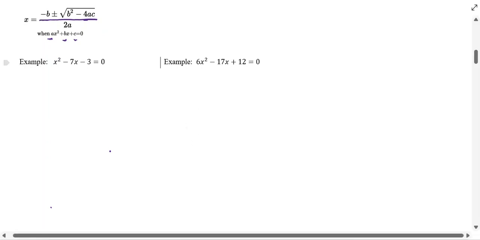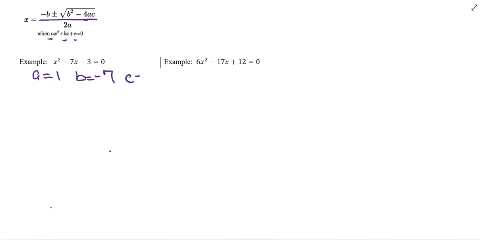So in our first problem here, we have a equals 1, b equals -7, and c equals -3.